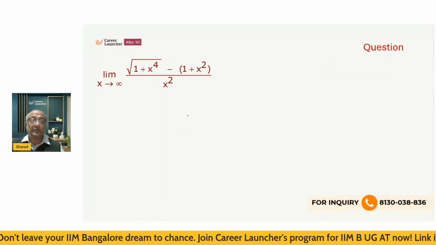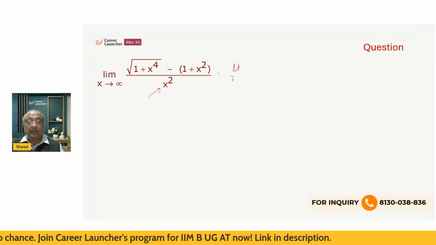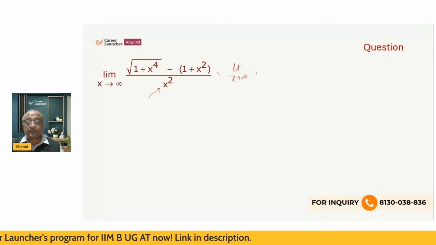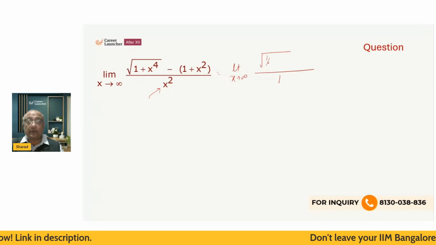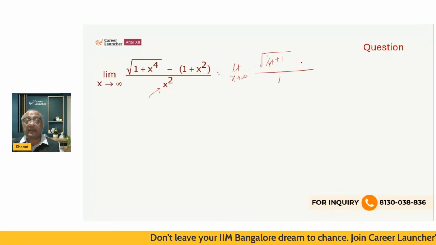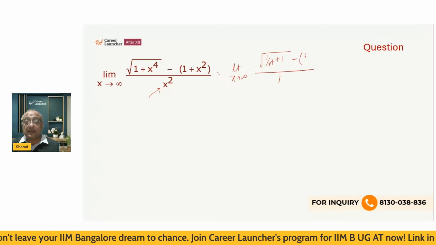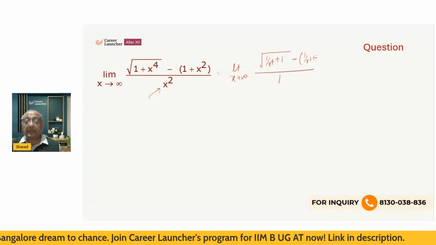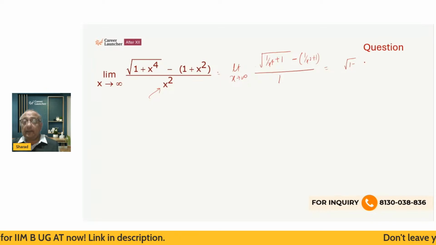Let us now use this here. What is the highest power? x square. I'll divide it. Limit x tends to infinity, this will become 1, and this will become under root 1 upon x raised to power 4 plus 1. Why? Because x square coming inside the root will become x raised to power 4. This is 1 upon x square plus 1. This will be equal to under root 1 minus 1 upon 1.